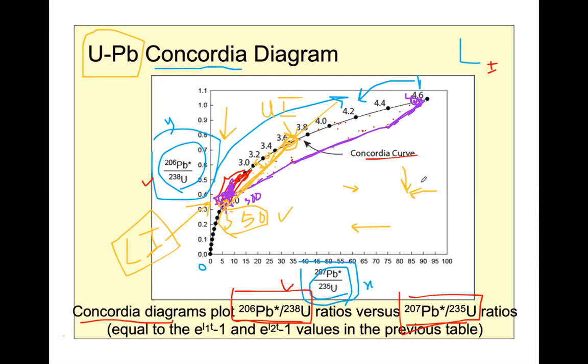Okay, so overall what happens is you get some reduction like that. So that's why the concordia point moves to a discordant position like this. Okay, here that has happened because of that. It's just the movement due to the loss of those elements, right?